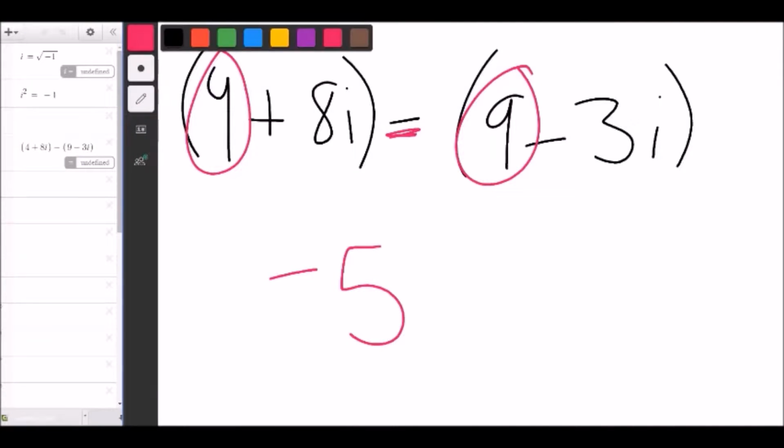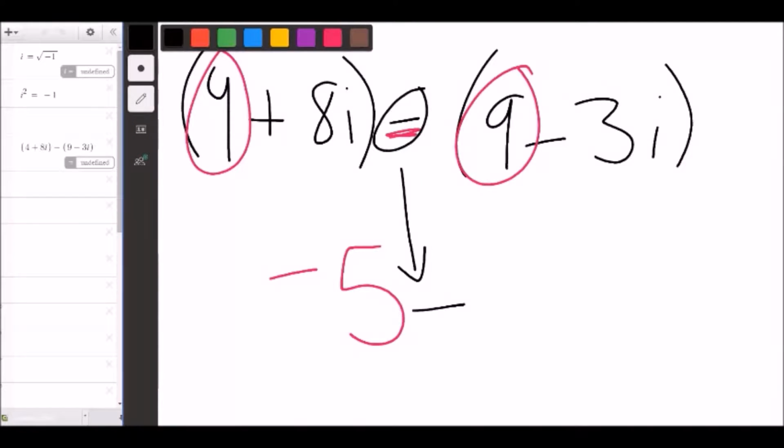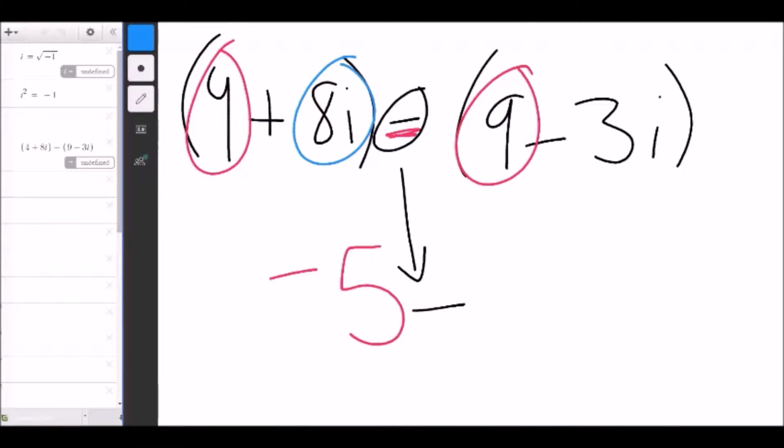So then we're just going to bring our subtraction sign down to our standard form, and then we're going to combine 8i and -3i. So we're doing 8i minus -3i, which is going to be a plus positive, which is going to give us 11i.